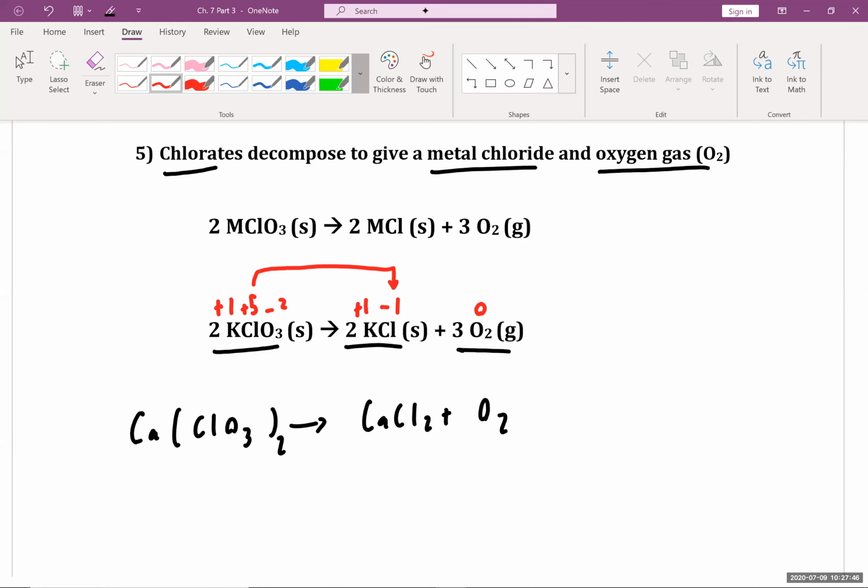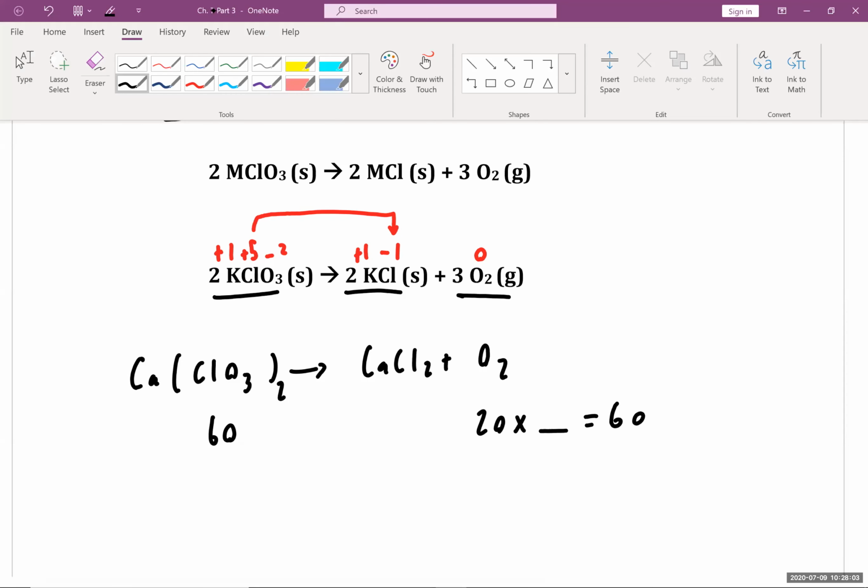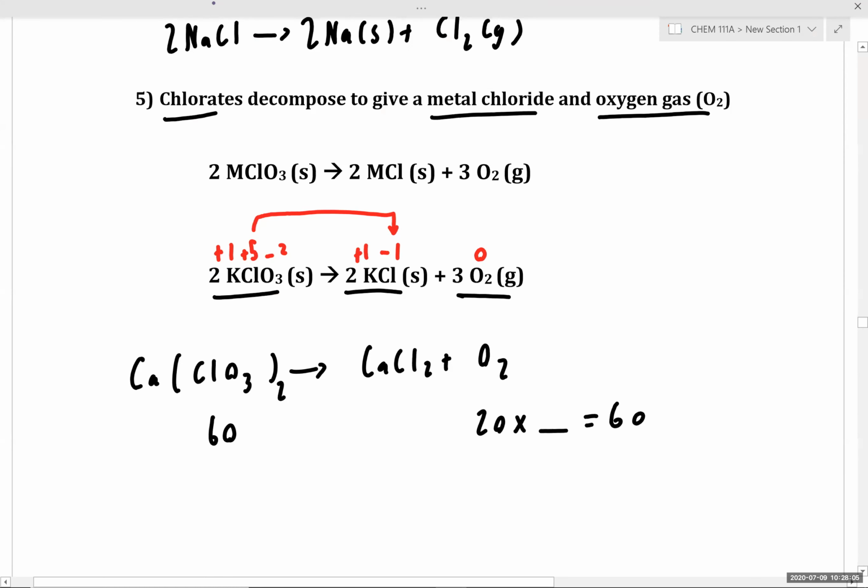Okay, now looking at this new example, if we wanted to balance the chemical equation, we have 6 oxygens on the left and 2 oxygens on the right. 2 times what would give us 6? 3.